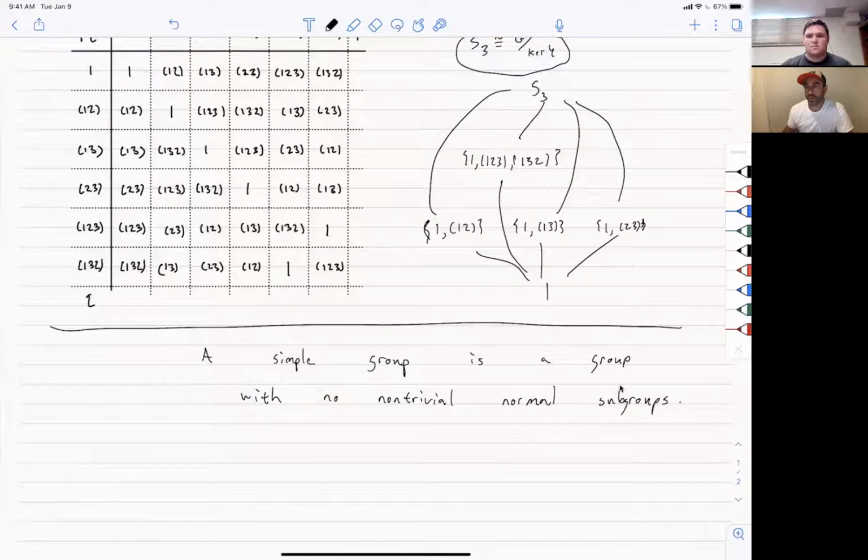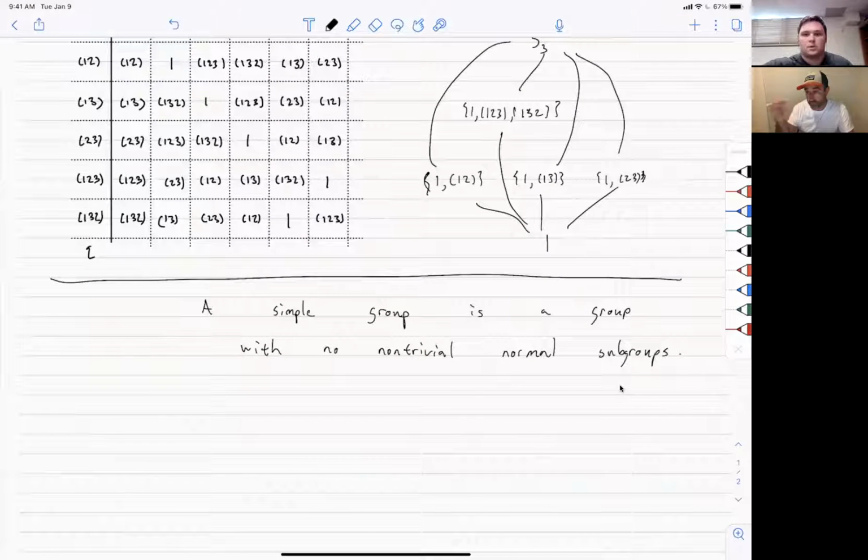So why would this be such an interesting thing? The reason is because of the first isomorphism theorem. Let's say I have a complicated group G, and I find some nice proper normal subgroup N, and let's say everything is finite. I'm interested in classifying, so let's say I've classified all of the groups.